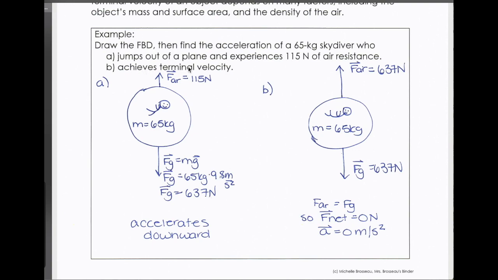So if they were to achieve terminal velocity, that means that the air resistance is going to equal the gravitational force that the person feels. So if the person is experiencing 637 newtons down from gravity, they're going to feel 637 newtons up if they've reached that terminal velocity.